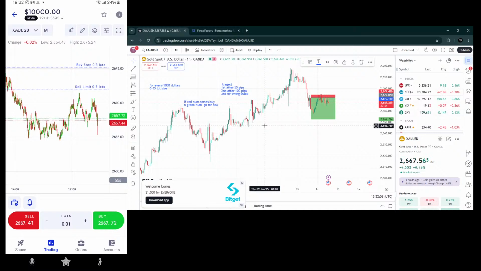People also do not recommend to do trade on news because it's highly volatile and you can lose all your money in one trade if you are not using proper lot size. So now we are using proper lot size. As you can see on mobile, the market is getting faster and faster, and now you can't do anything.